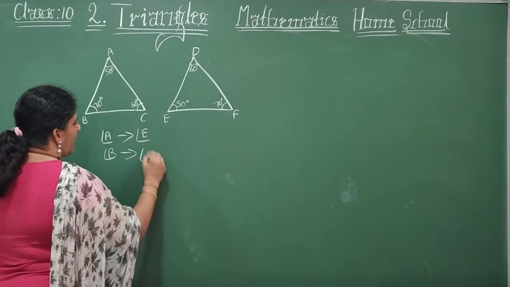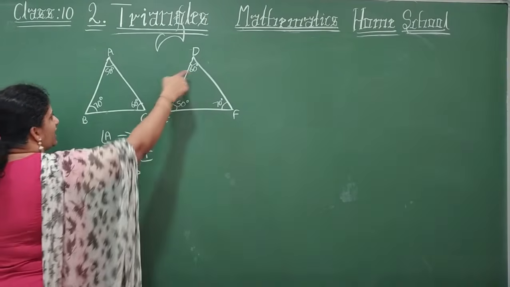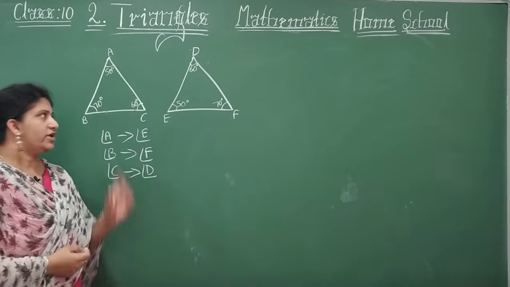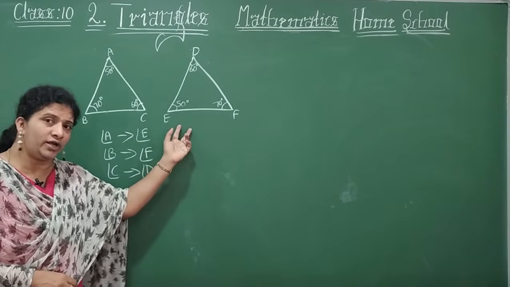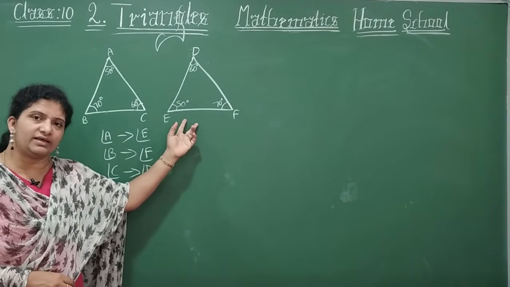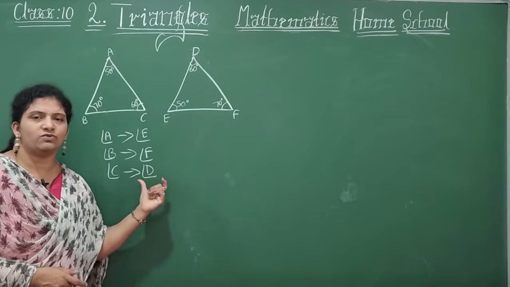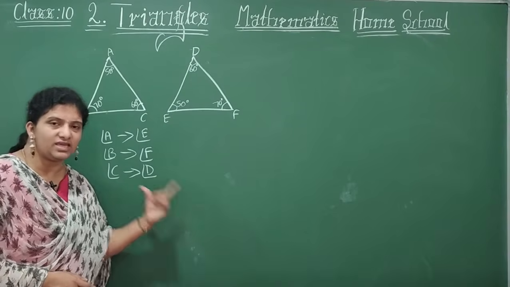Here, right? Angle F. Then angle C, 60 degrees, corresponding to angle D. So now the three angles of one triangle correspond to the three angles of the other triangle. Therefore, the corresponding angles of the two triangles are equal.